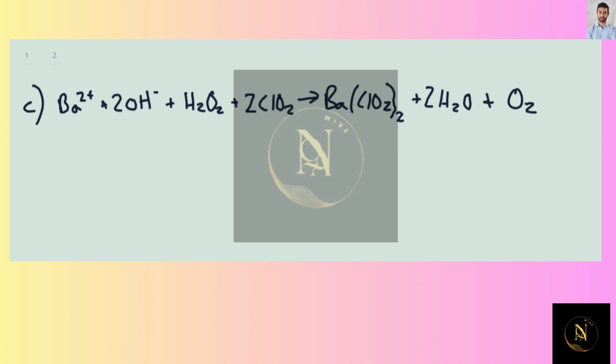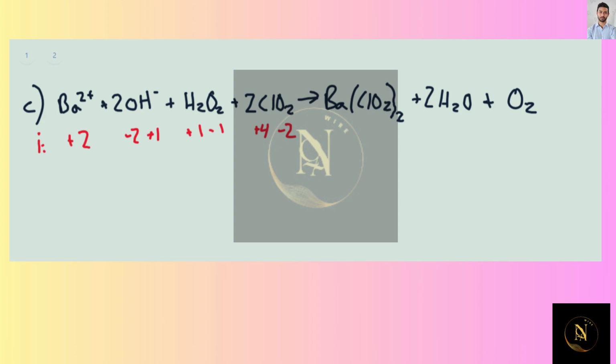So here we can put in our oxidation numbers. Barium is +2, as the superscript indicates. And oxygen for hydroxide will be -2, +1 for hydrogen, +1 for hydrogen in hydrogen peroxide, and -1 for oxygen because it's a peroxide. In the ClO2, we have -2 for oxygen, which means that chlorine has to be +4.